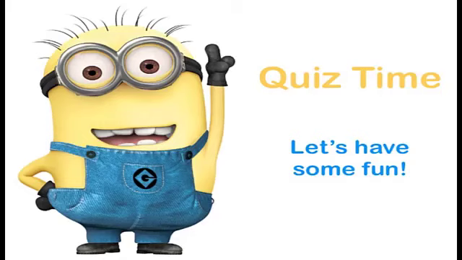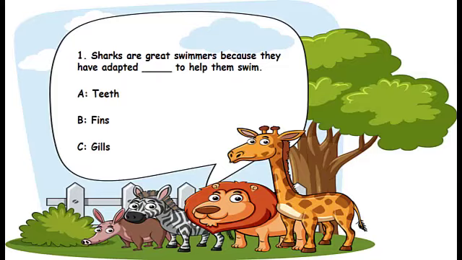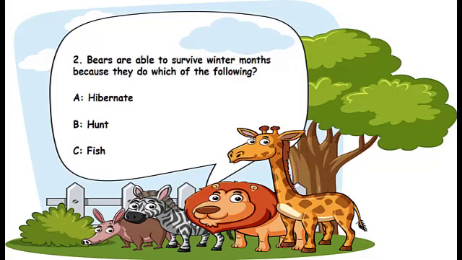Now let's have some fun because it's quiz time. Sharks are great swimmers because they have adapted blank to help them swim. Teeth, fins, gills. The answer is fins. Bears are able to survive winter months because they do which of the following?